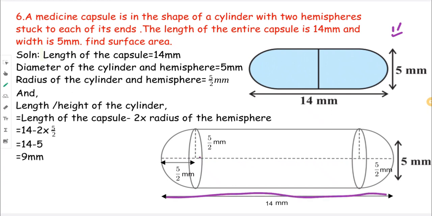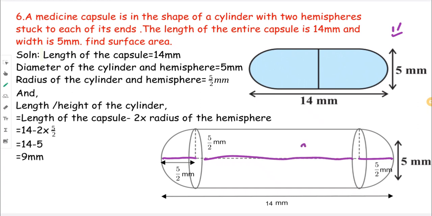But let us try to find the height or the length of the cylinder. So how do you do this? Remember, from here till here is 5 by 2, and from here is also 5 by 2, right? So we will subtract from the length of the capsule twice the radius of the hemisphere. Clear? That is how we'll get the length or the height of the cylinder.